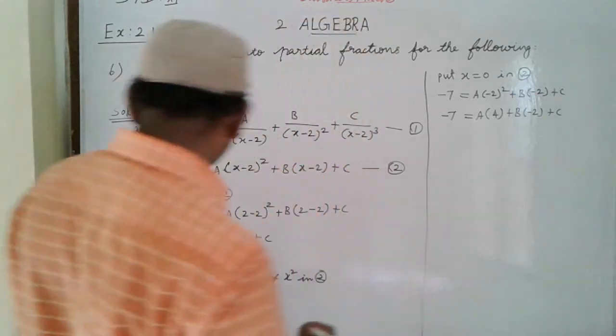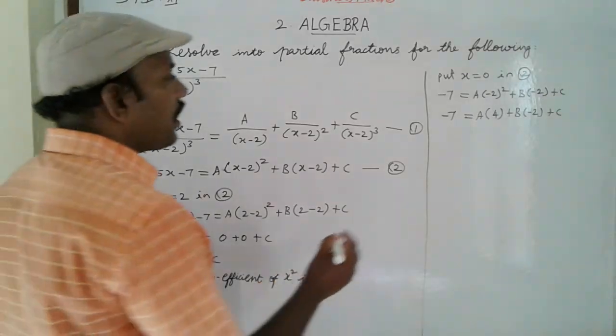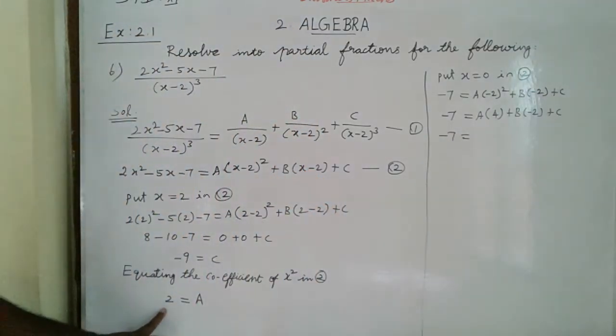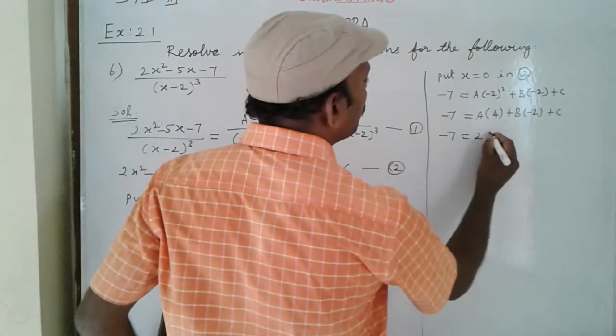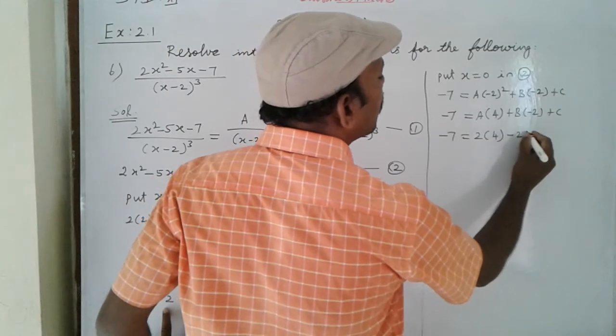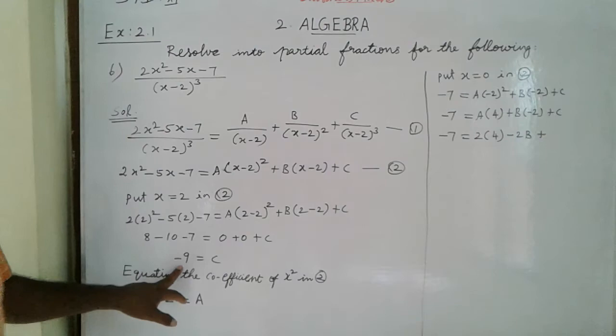Now we should substitute the A and C values there. The A value we know is 2, so 2 into 4, minus 2B, plus the C value minus 9.